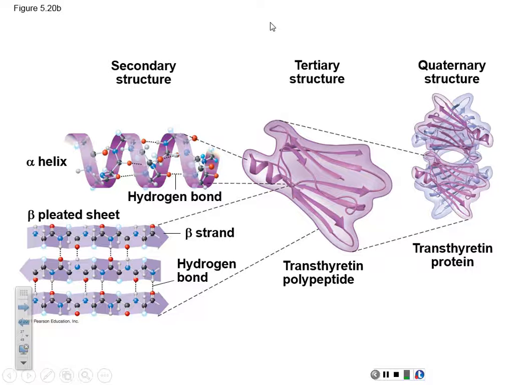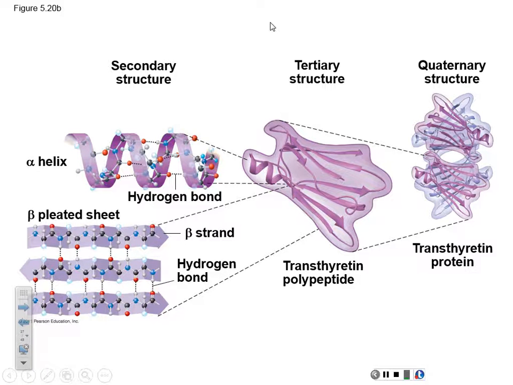But telephone cords, that's the perfect example of an alpha helix. And so certain primary sequences of amino acids simply have a tendency to fold up in a particular way that causes them to have that kind of coil, an alpha helix. It's as simple as that.